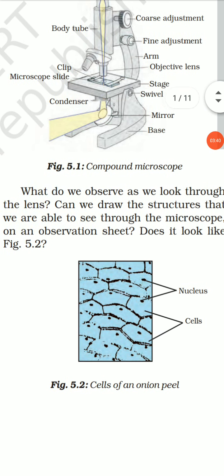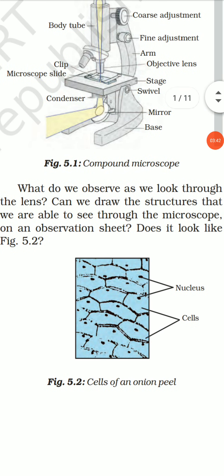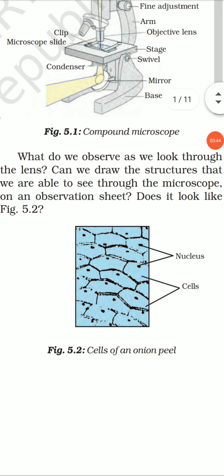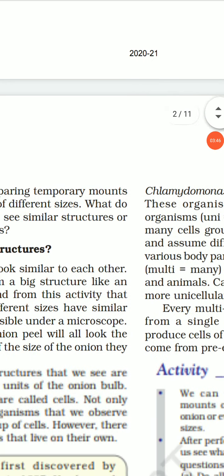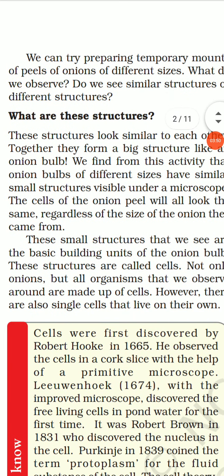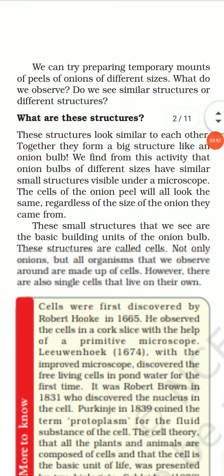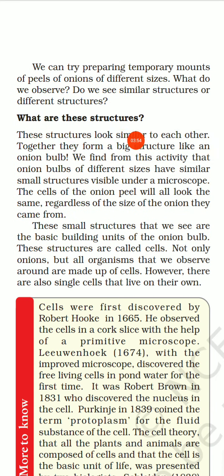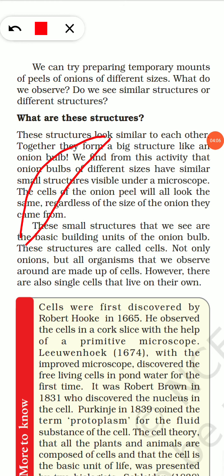For that, we first look at the onion peel experiment. What is the onion peel experiment? We take an onion and take out the inner epidermis. We take one shell of the onion and break it.